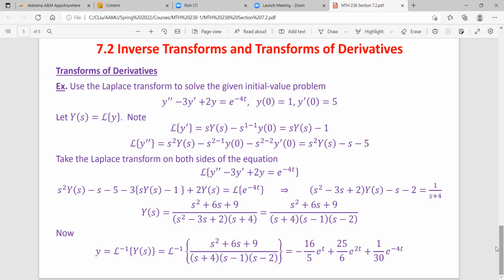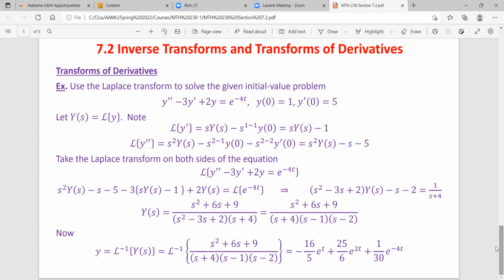Then we can do a little simplification on the left hand side by multiplying by 3 on the second part. You get negative 3s Y of s plus 3, and then you group all the terms with Y of s and factor out Y of s from those.